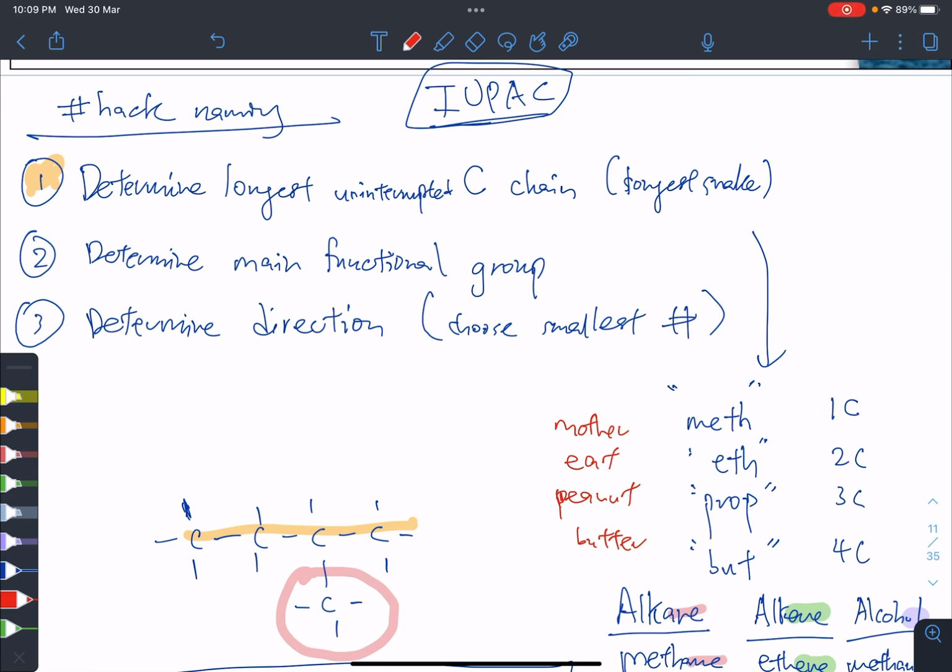So first step, determine the longest uninterrupted carbon chain. What? What snake? Perhaps you remember this game on your old phone, called Snake.